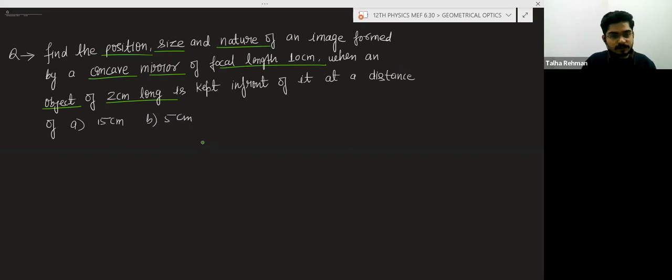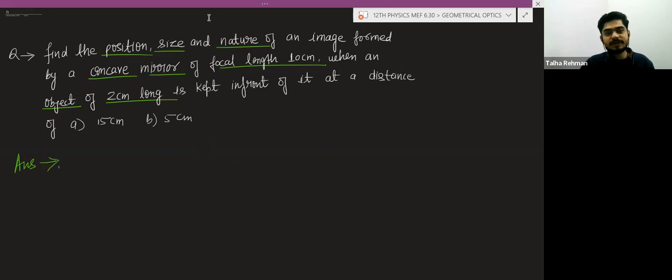Okay, so I will solve this question with the help of a diagram. Each and everything will be clear from the diagram.